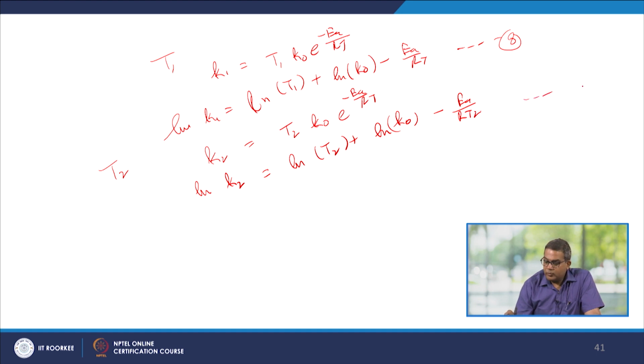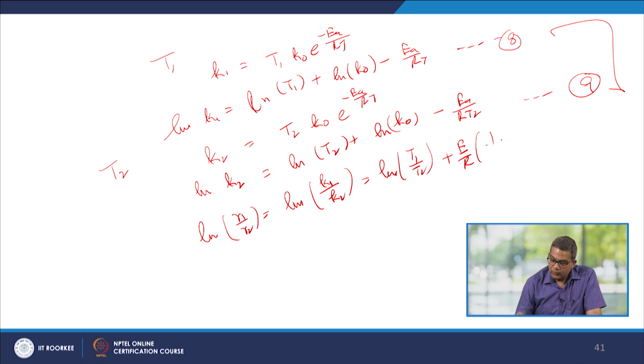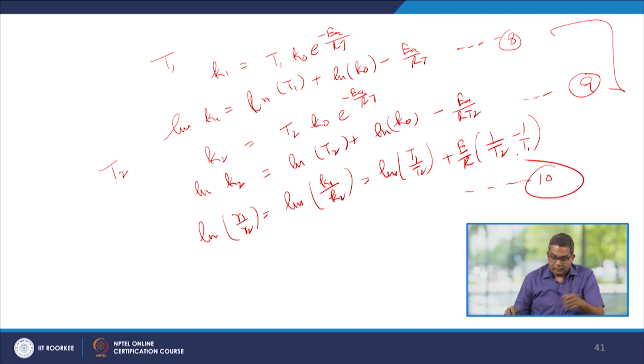Let us say this is equation number 9. So, if we subtract the two equations, then ln k1 over k2 is ln T1 over T2 plus Ea over R times (1 upon T2 minus 1 upon T1). This is our equation number 10.